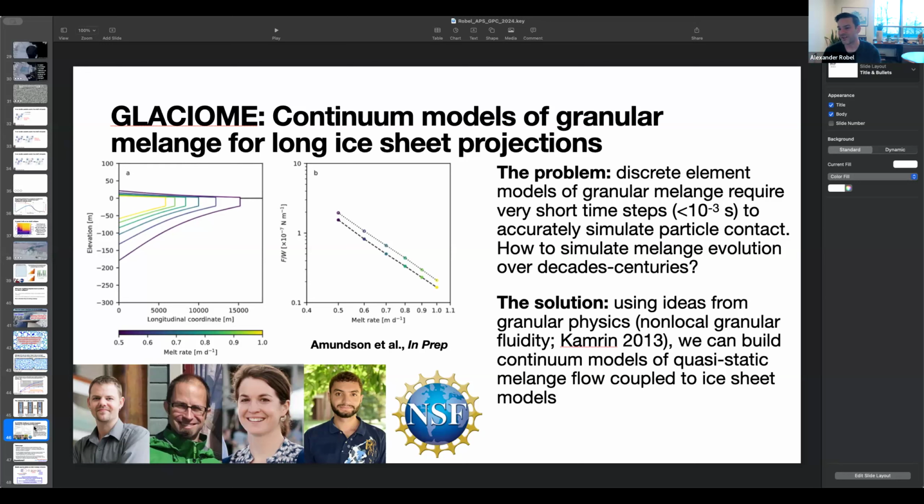This is really where experiments, DEM simulations, and hopefully observations come in, although there's a question about how much you can use observations to constrain these things. All of these different ground truths are very important to get these parameters right.